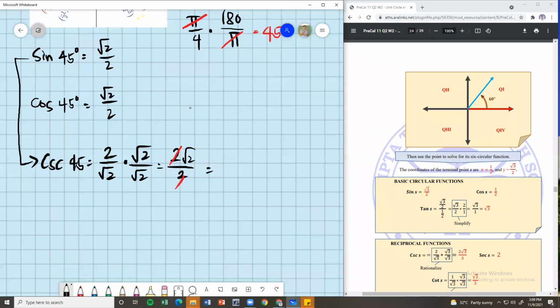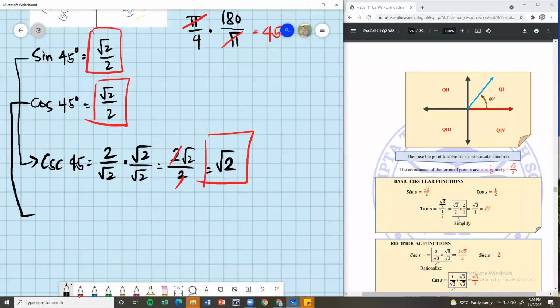The answer here is square root of 2. Can you follow? Dali lang na lesson natin eh. Ulit-ulit lang siyang ganun. Okay. And then, the reciprocal of cosine is secant of 45 degrees. That becomes 2 over the square root of 2. To simplify, parehong-pareho naman yan. Look at them, exactly the same. So to simplify our process, this is also square root of 2.